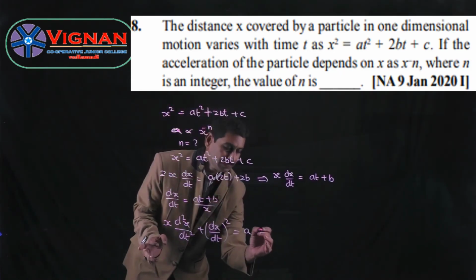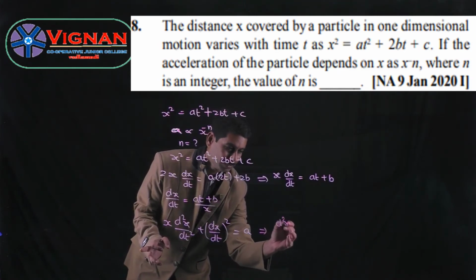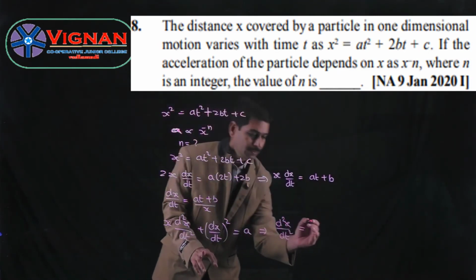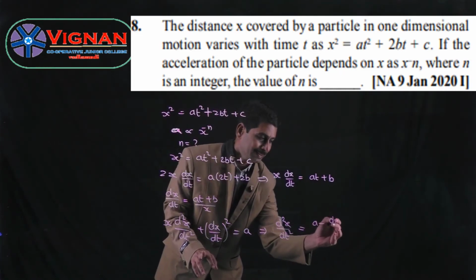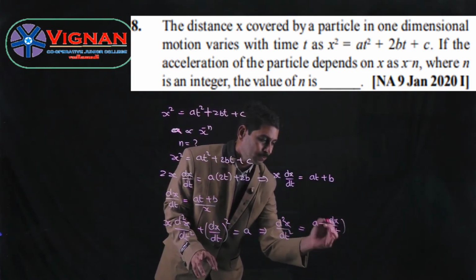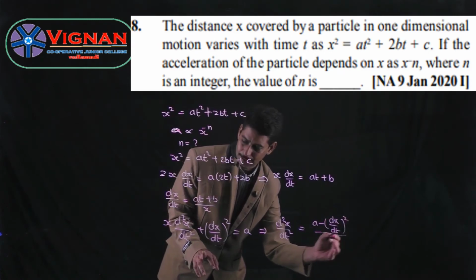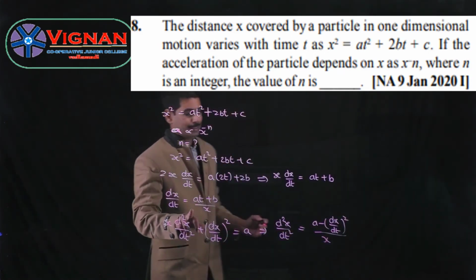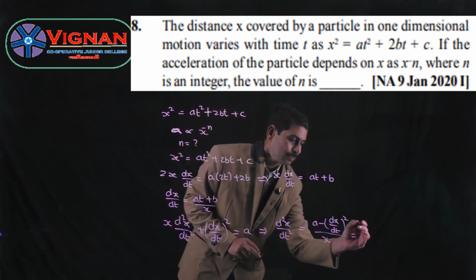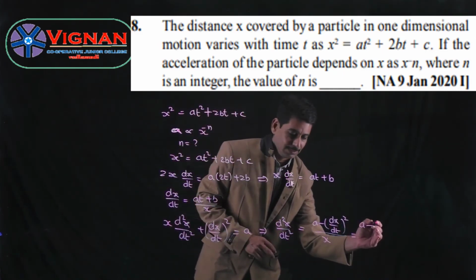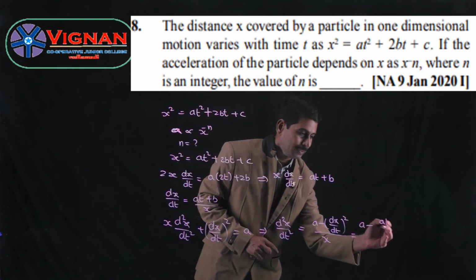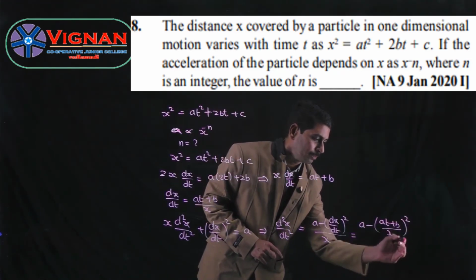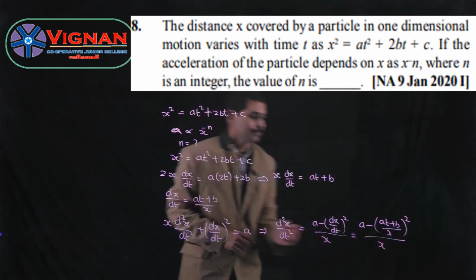So from this, d square x by dt square is equal to a minus dx by dt whole square by x, and we know dx by dt as at plus b by x. This is equal to a minus at plus b by x whole square by x.